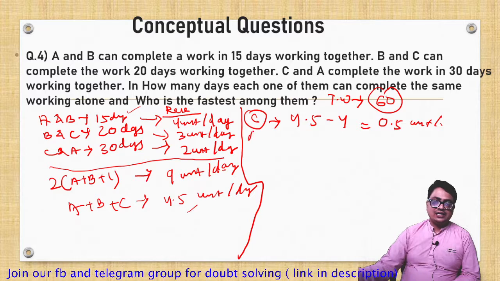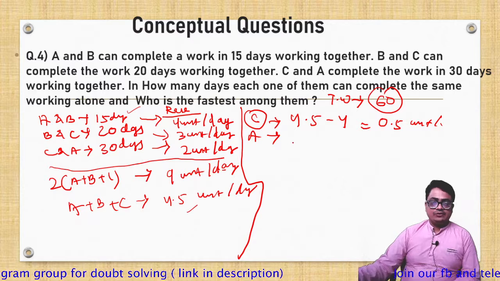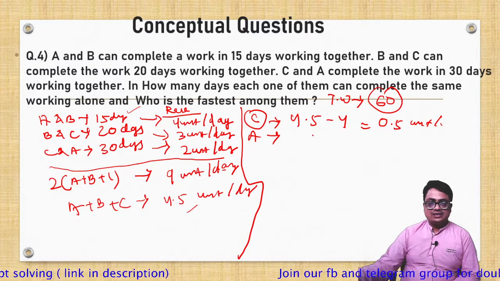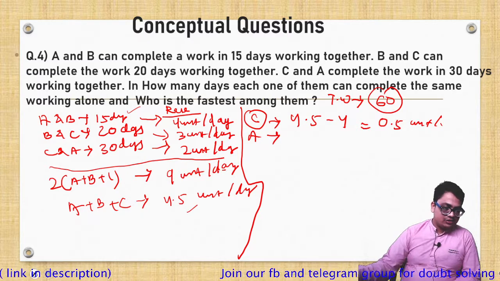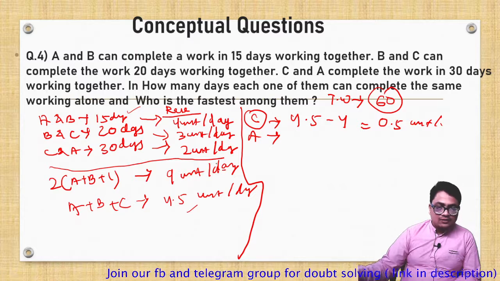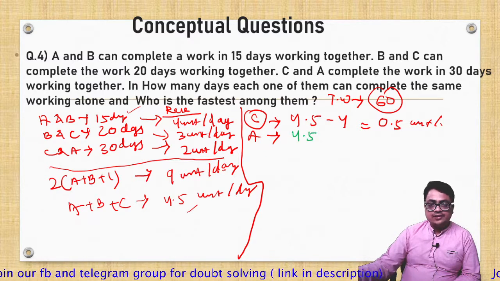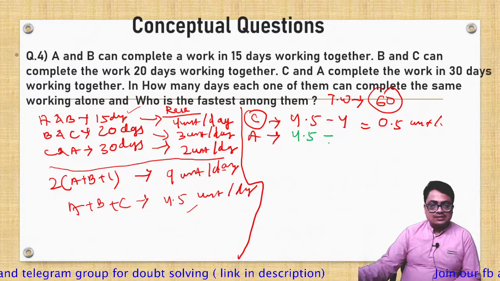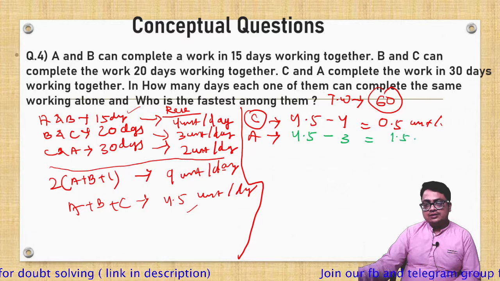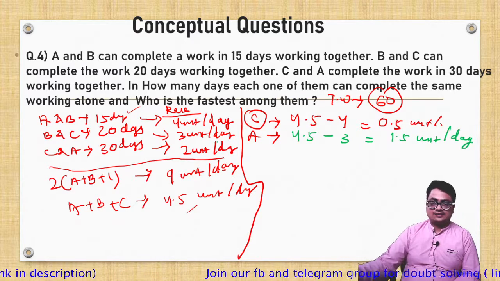Here you can get A's rate: 4.5 minus 3, this will be 1.5 units per day, right?